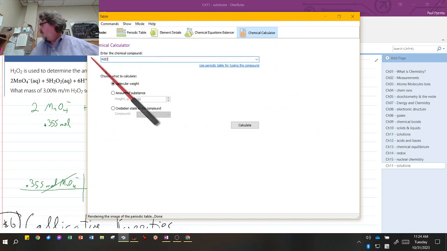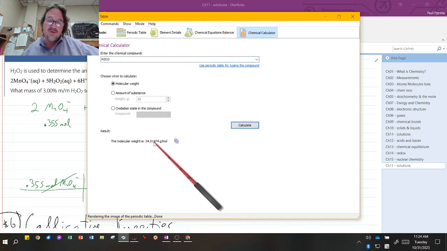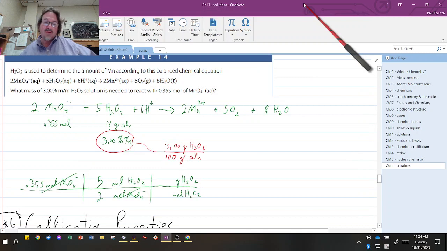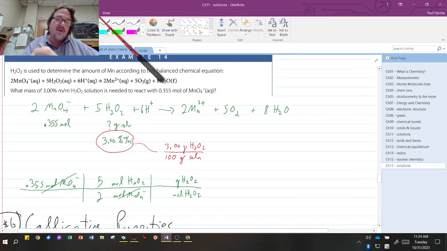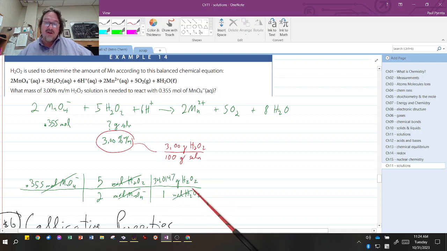H2O2, hydrogen peroxide, and they're just adding it up from the periodic table. 34.0147 grams per mole, and top and bottom moles of peroxide cancel. So now I've got grams.